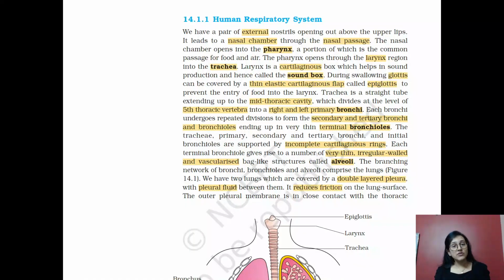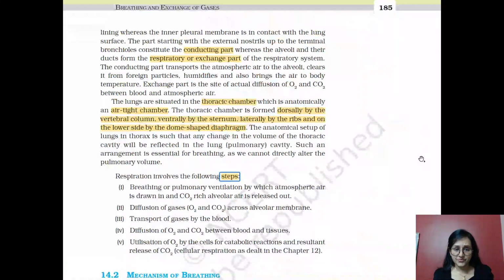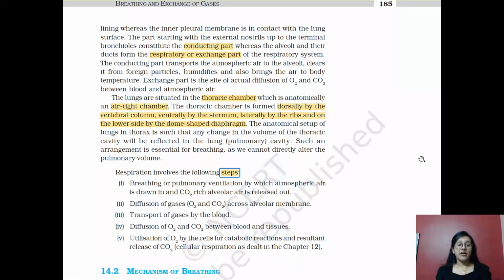So to reduce this friction and to make this movement smoother, there is pleural fluid in between the inner membrane and outer membrane of pleura. The outer pleural membrane is in close contact with the thoracic lining, whereas the inner pleural membrane is in contact with the lung surface.